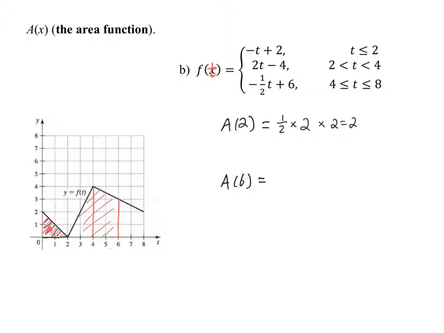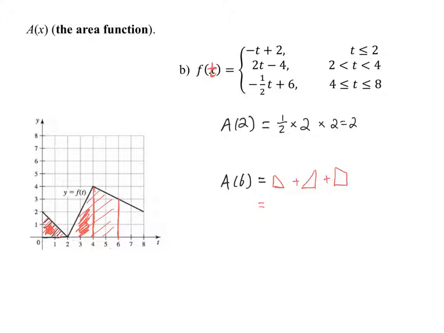One is this little triangle, the other one is this bigger triangle, and the last one is a trapezoid, right? So basically, to find A of 6, I need to find the area of this triangle, plus the area of this bigger triangle, plus the area of this trapezoid. So let's find that one by one.